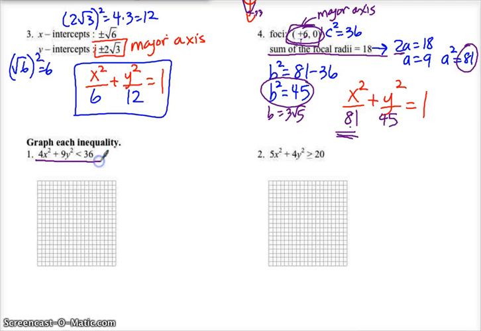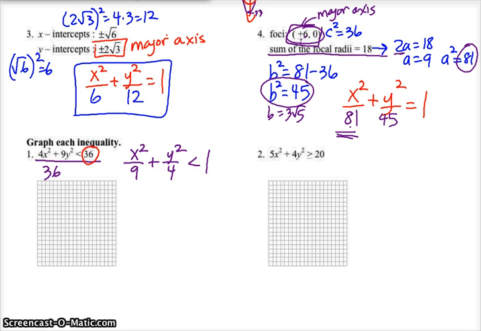It's not complicated. It just means if it's less than, you're going to shade the inside of the ellipse. If it's greater than, you're going to shade the outside of the ellipse. So here I get x squared divided by 9 plus y squared divided by 4 is less than 1. I still have to get it in that format where my right-hand side is equal to 1, or in this case, less than 1.